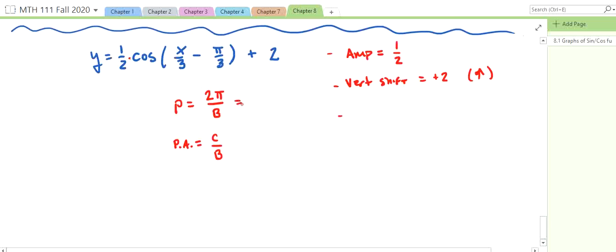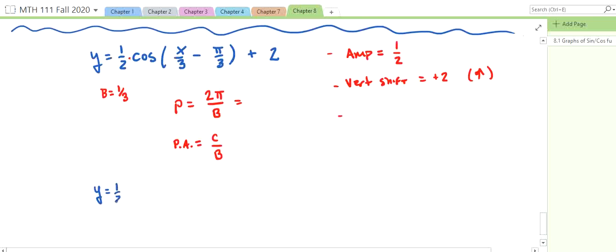So in this relationship up here, we have b equals 1/3. That's the coefficient in front of x. And so I'll need to rewrite this equation so I can figure out what my phase angle is.